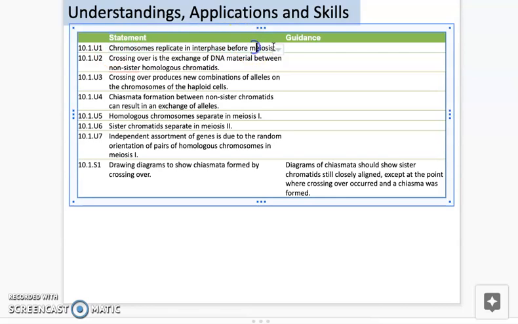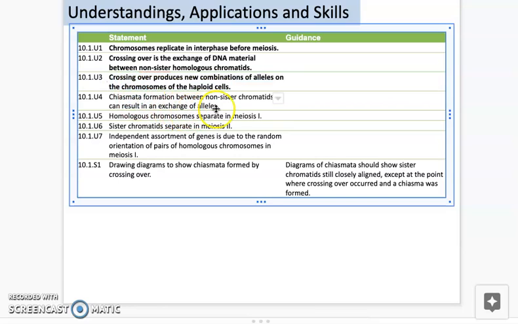Chromosomes replicate in interphase before meiosis. Yes, we've talked about this. We've covered it. How about crossing over is the exchange of DNA material between non-sister homologous chromosomes? Yes, we've covered this. Crossing over produces new combination of alleles on the chromosomes of the haploid cells. Yes, we've covered that.